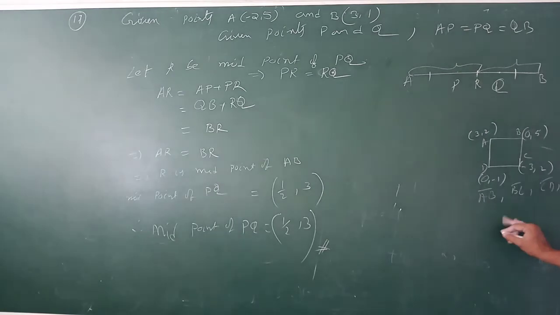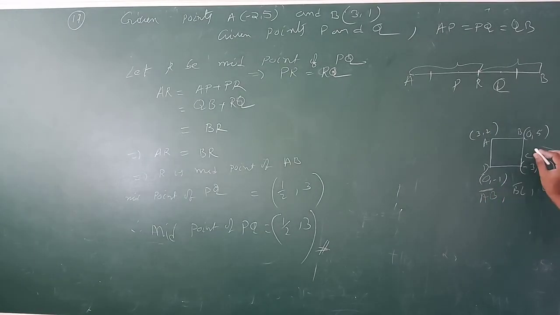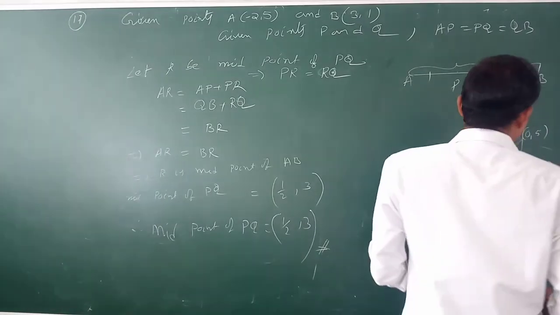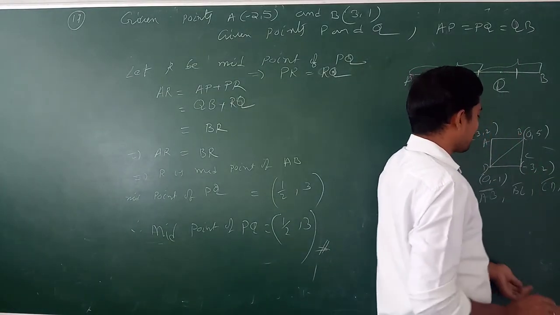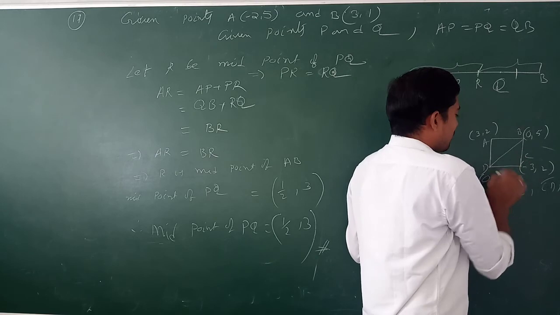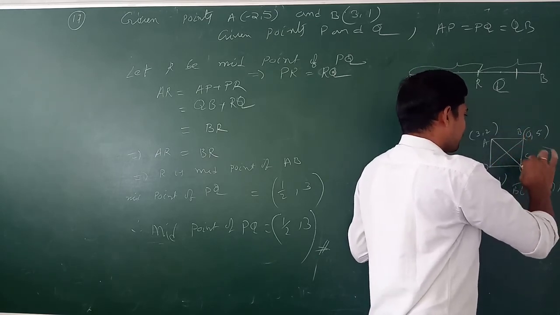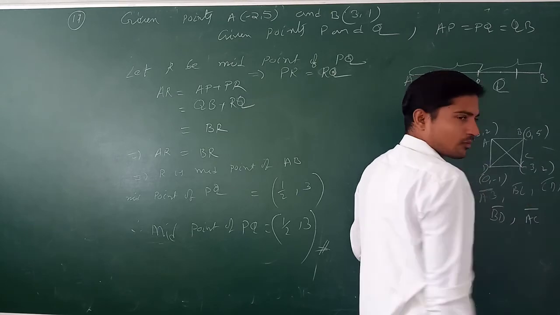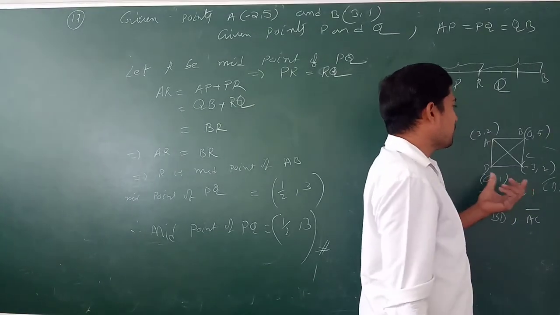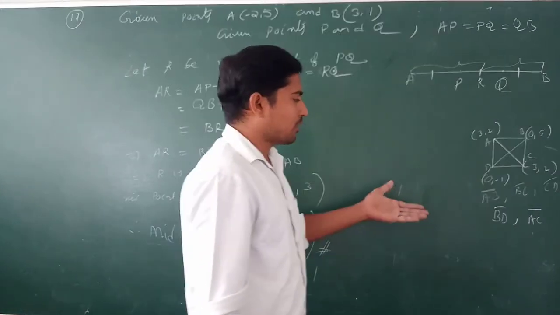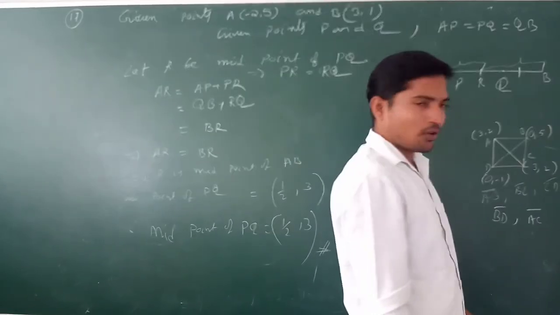Then find the length of the diagonals. The line segment joining opposite vertices is called a diagonal of a geometrical figure. So find BD, and AC also. AB, BC, CD and AD I found, and then BD and AC also I found.